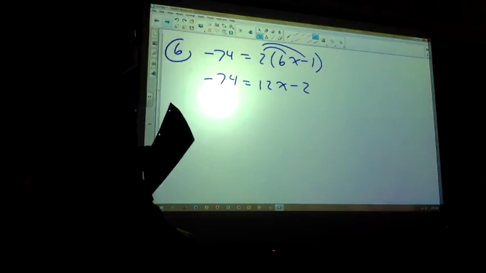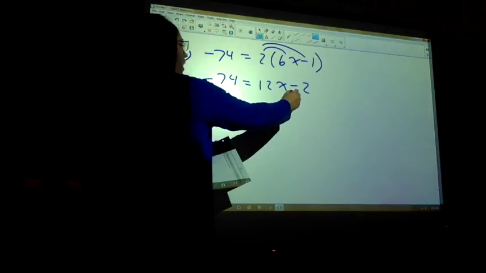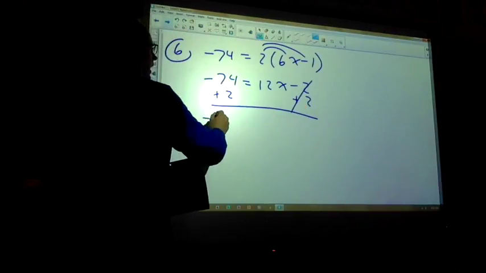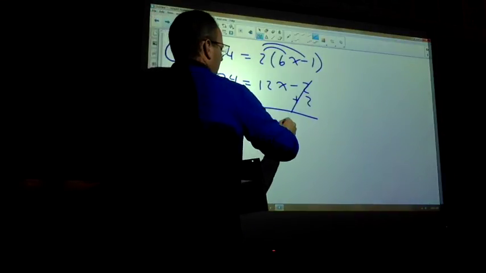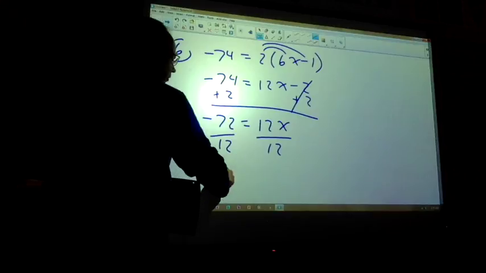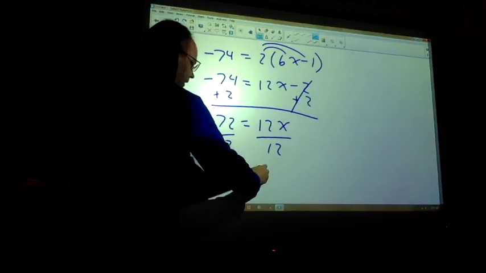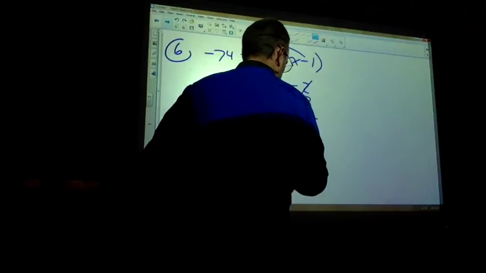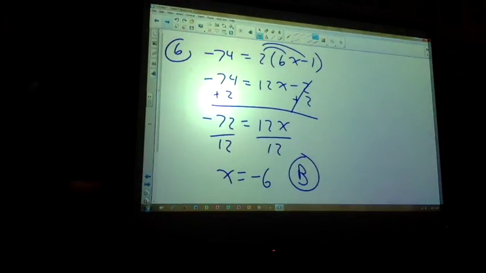Is that all right so far? Add 2 to both sides. Those cancel, so I get negative 72 is equal to 12x. Divide each side by 12. So x equals what? Negative 6. So that is B. Is that right? We're good?